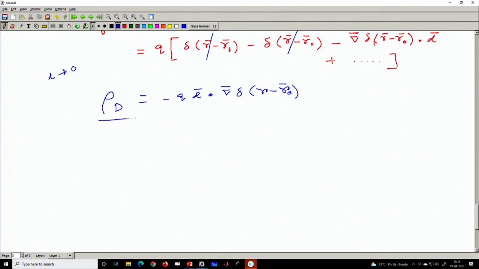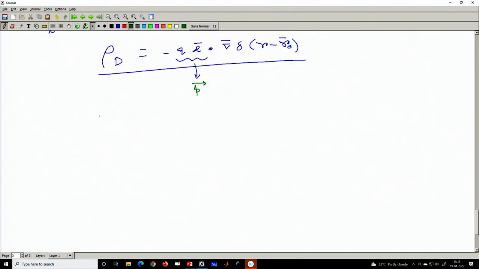This is the expression for the charge density, but one can see carefully that q multiplied by d is nothing but the dipole moment p. In a dipole, everything we write in terms of the dipole moment.